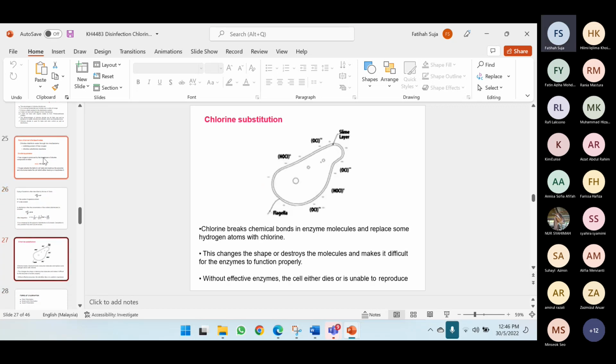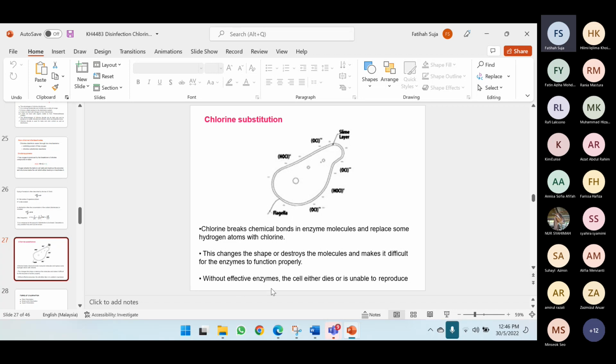Here I want to show this chlorine substitution. Chlorine breaks chemical bonds in enzyme molecules and replaces some hydrogen atoms with chlorine. This changes the shape or destroys the molecules and makes it difficult for the enzyme to function properly, because the chemical bonds have already been replaced with the hypochlorite ion here.